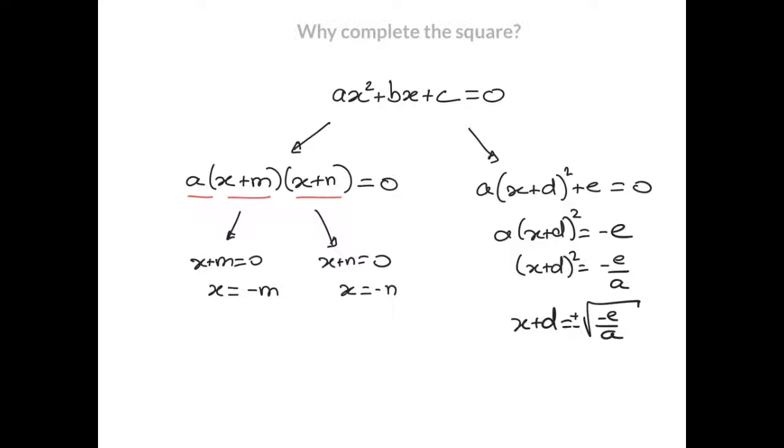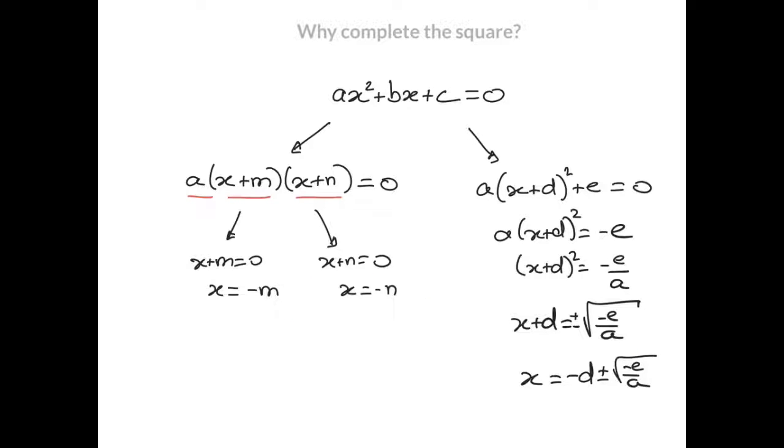For example, if you have this number squared is equal to 4, this number can be plus 2 or minus 2, so plus or minus the square root of 4. In one last step, we get x is equal to minus d plus or minus the square root of minus e over a in our example. So we end up with two solutions, just like we had two solutions right there.